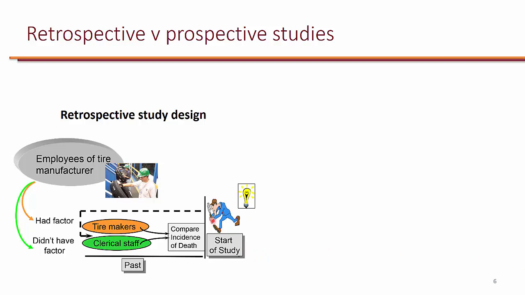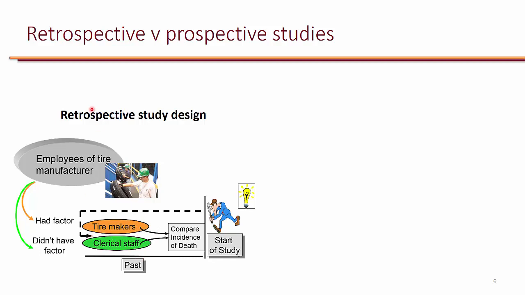In other words, the patients have already received treatment. They're not even in the hospital anymore. So you study what the patients received in the past, and depending on what you're comparing, you draw some conclusions.